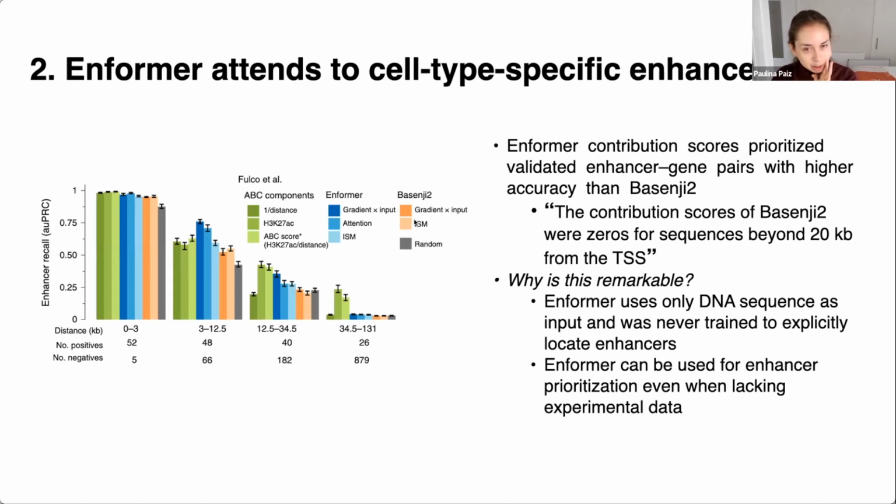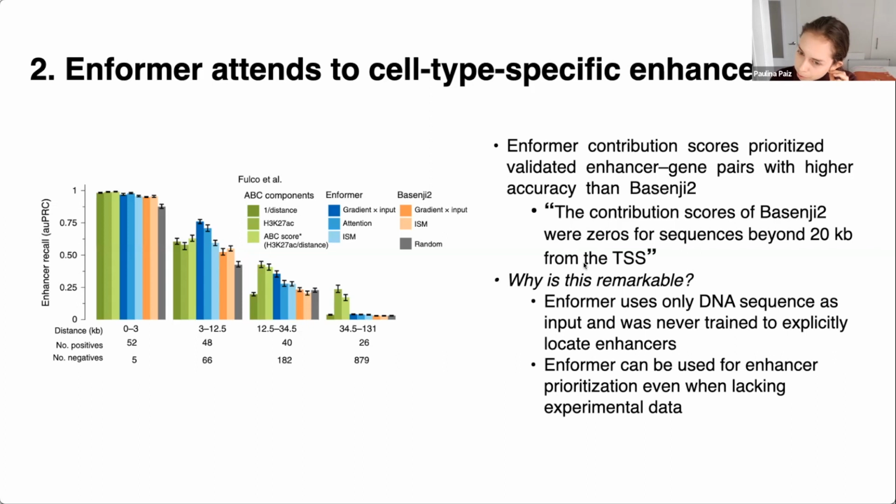Basenji is orange and it's not easy to see, but what you can see is that comparing Enformer to Basenji, at shorter distances it performs pretty similar. And then towards longer distances, which is what the authors are claiming are the strengths of the model, that's where Enformer performs better than Basenji.